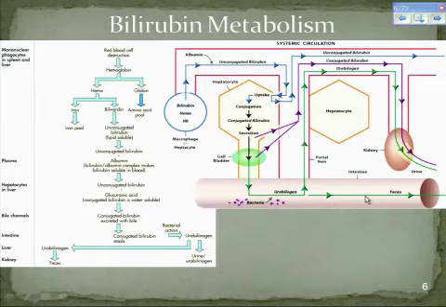That's how you say it's unconjugated. It's still lipid soluble. The unconjugated bilirubin binds to albumin, and it eventually gets back to the liver, where it becomes conjugated, which makes it a water-soluble compound.